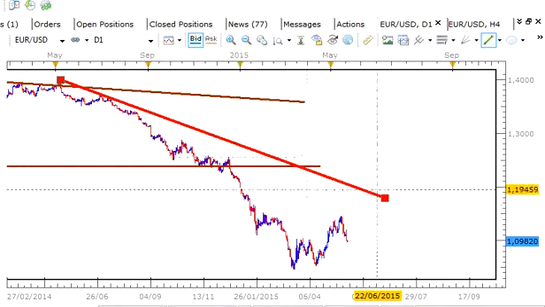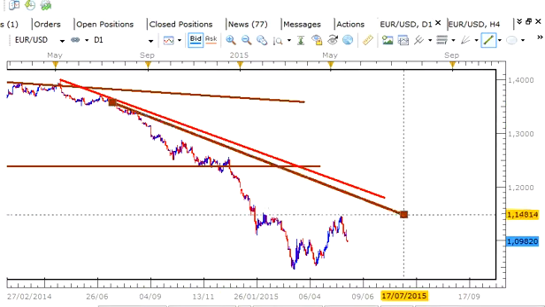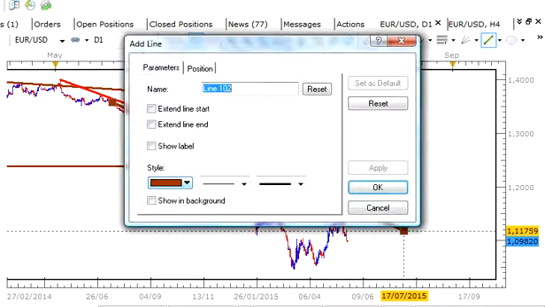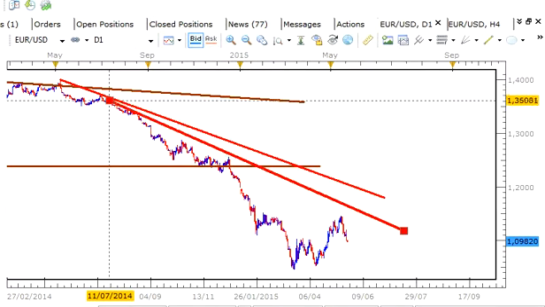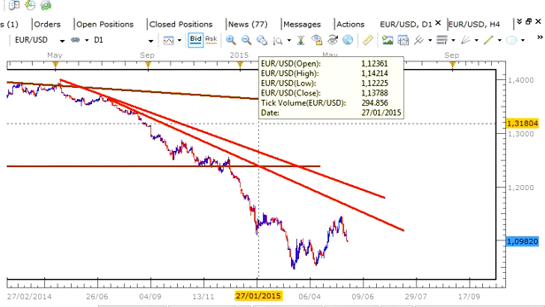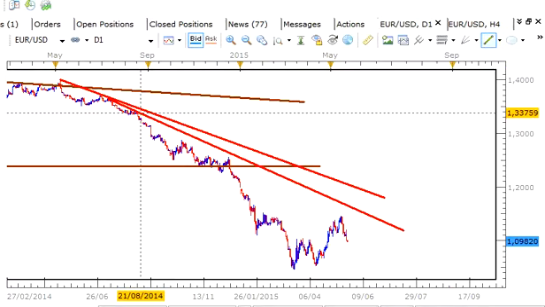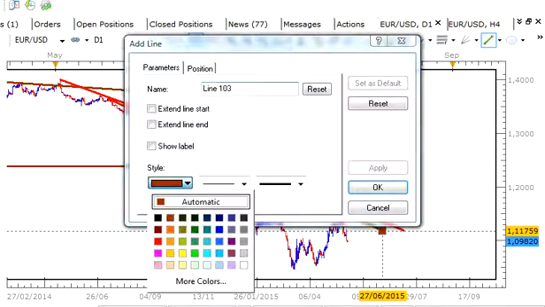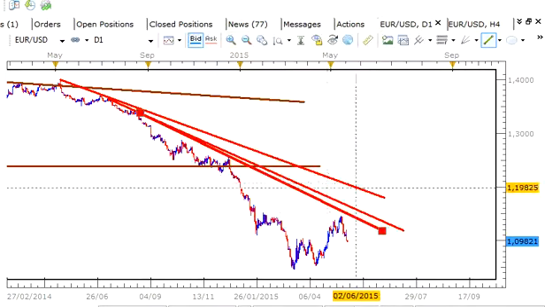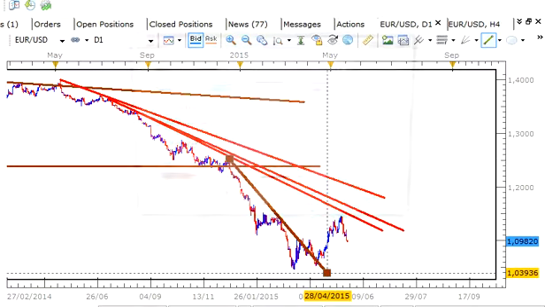The first of these was the long-term downtrend line, followed by another one referred to as the outer downtrend line, connecting the resistance points here. We see that the market also produced an inner downtrend line, as well as a second inner downtrend line.